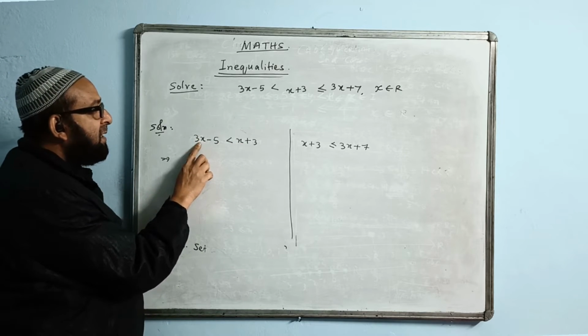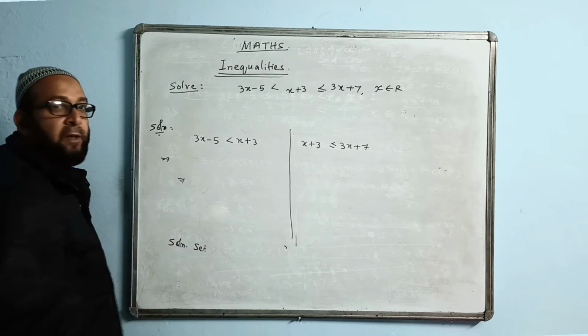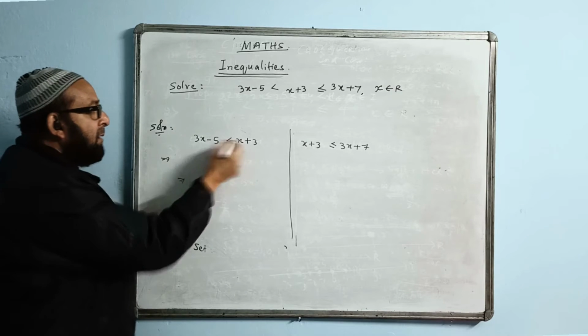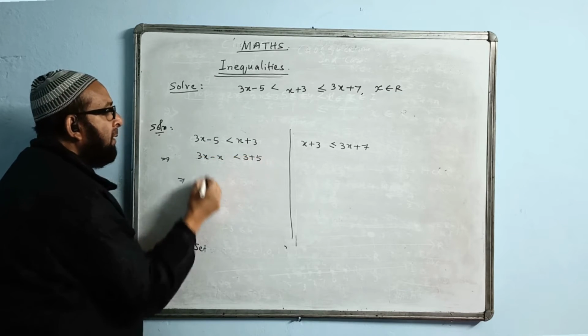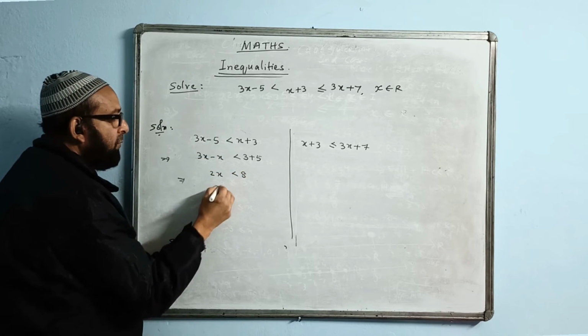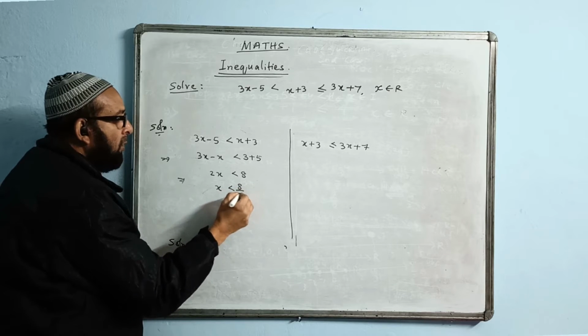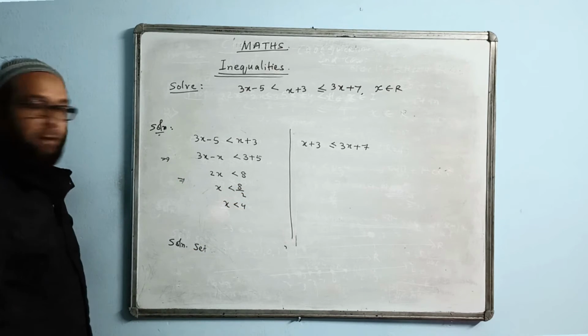I'm sure that 3x is better, so the other x will be on this side. Don't try to keep x negative. 3x minus x will come, 3 plus 5. 3x minus x becomes 2x, and 8. Therefore x value is coming 8 by 2. x is coming 4.